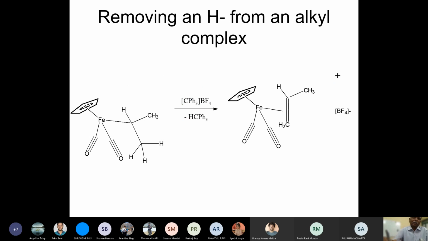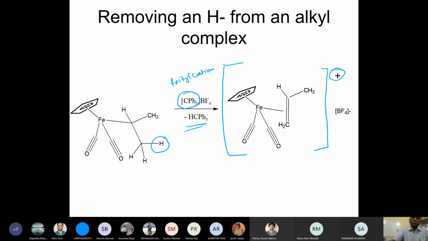Here is a slightly different method. Here I am taking an alkyl complex and removing one hydrogen using trityl cation. So using trityl cation, I am forming an olefin, and this is now a positively charged entity.